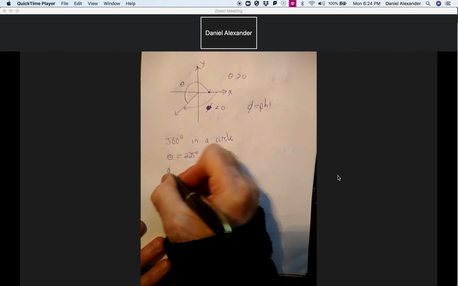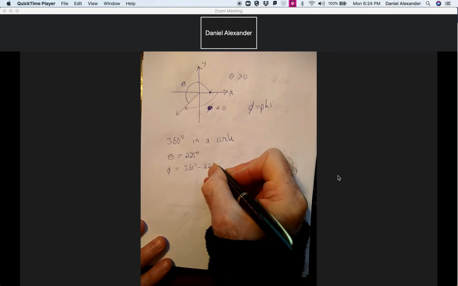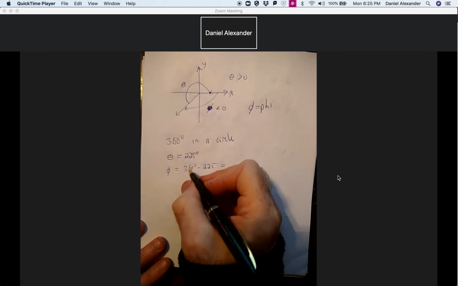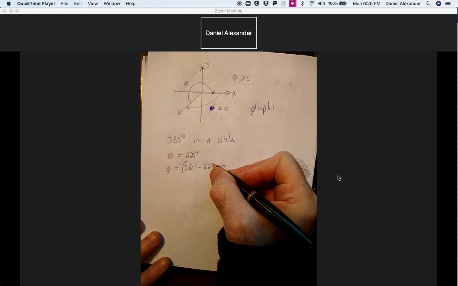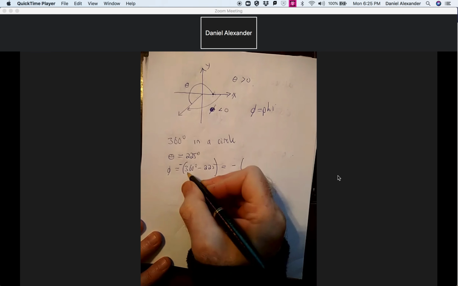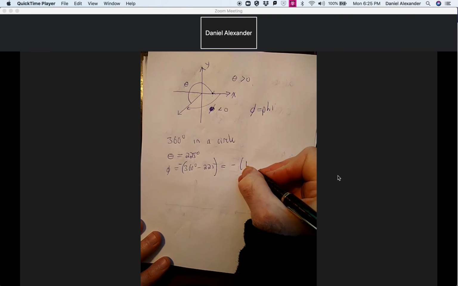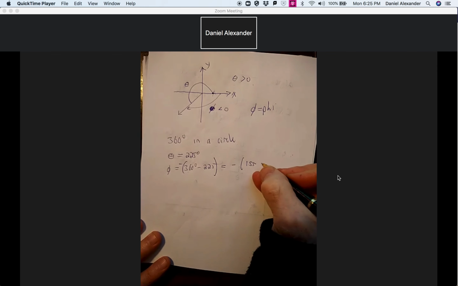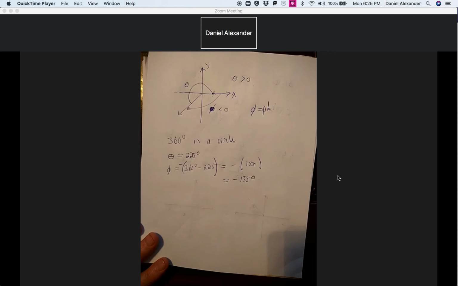Then phi is going to be 360 degrees minus 225. Sorry, that's the other way around. It's going to be minus that, so it's going to be 135. So the angle would be minus 135 degrees.